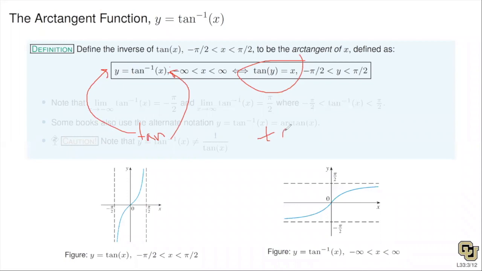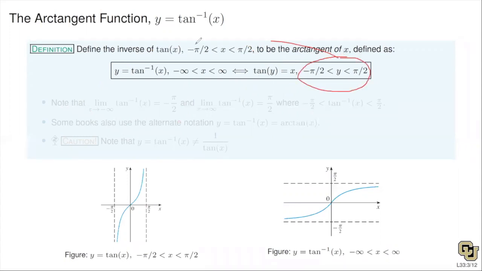If I apply arctan to both sides of the equation here on the right side, arctan of tan of y gives me y, and arctan of x gives me this arctan of x. So we can go back and forth here from the equation on the left-hand side to the equation on the right. And you should think about that and be comfortable with that. And again, the range here of the inverse is the domain of this restricted tangent, minus pi over 2 to pi over 2.